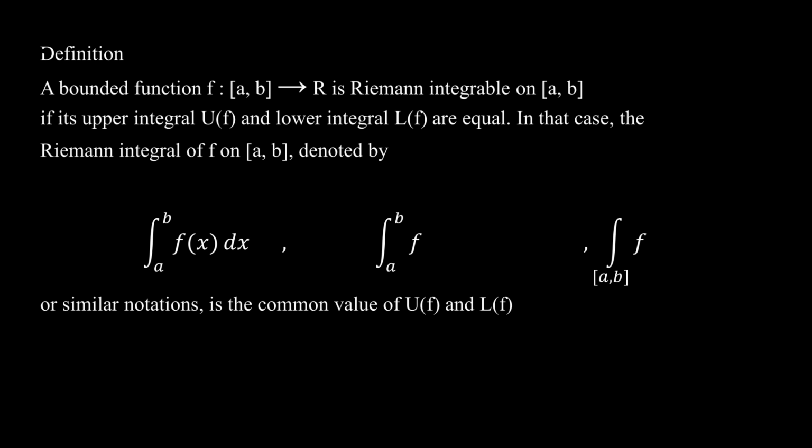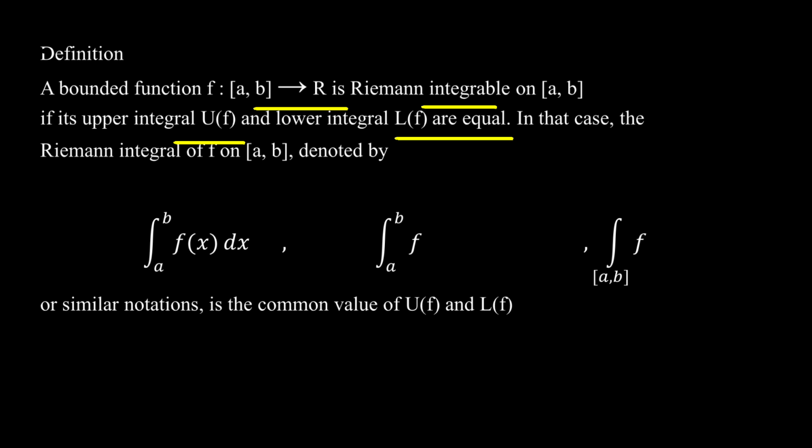So let's do a definition of this. A bounded function, we say this function is Riemann integrable on a given interval if its upper integral and lower integral are equal. In short, if equation 1 above and equation 2 are equal, then we say that the function is Riemann integrable.